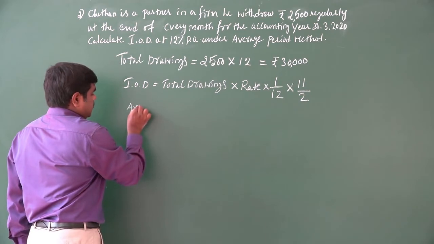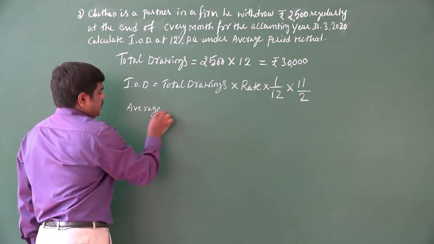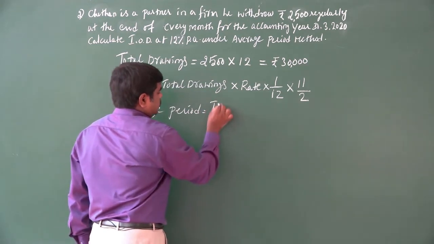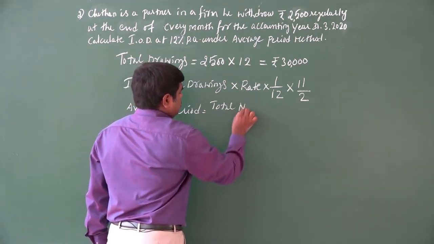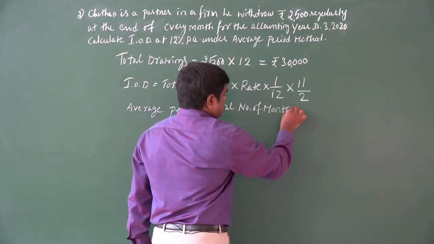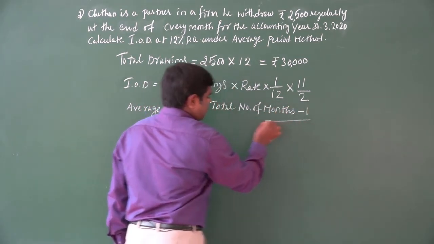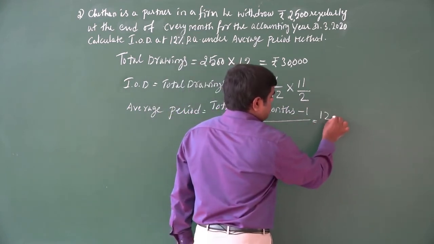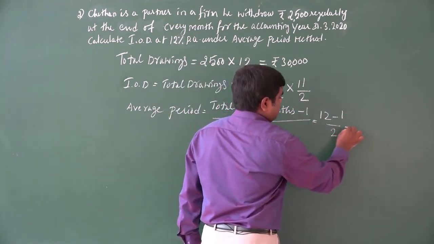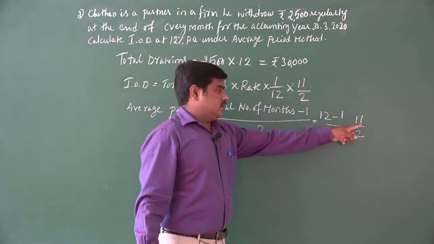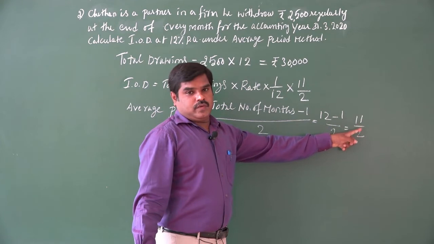Next, average period is equal to total number of months minus 1, divided by 2. 12 minus 1, divided by 2, so 11 over 2.